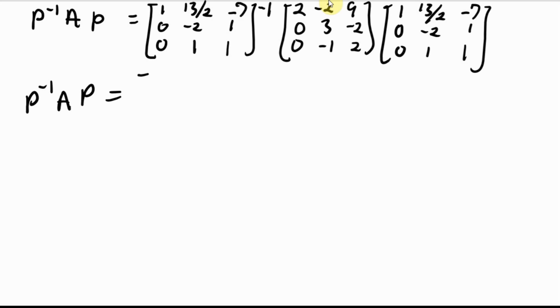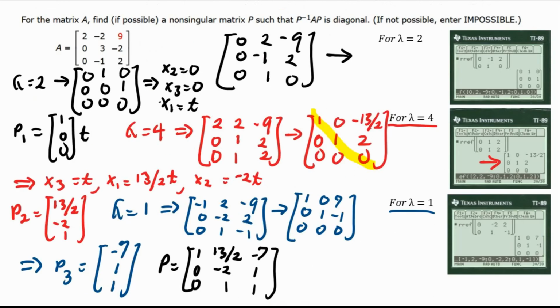And here's what my calculator gave me: 2, 0, 0, 0, 4, 0, 0, 0, 1. Look at the main diagonal. Aren't those the eigenvalues in the order that I listed them? 2, 4, and 1. See that? 2, 4, and 1.